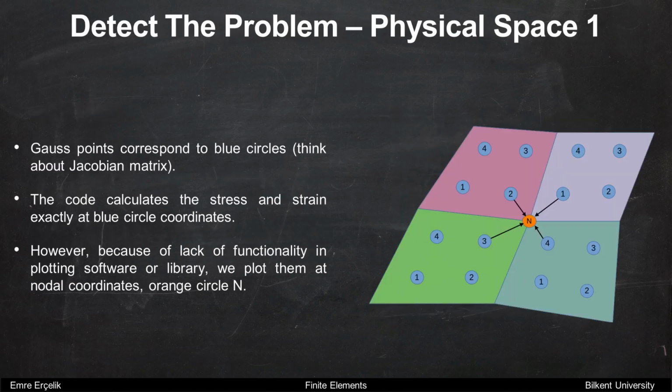Now we will take a look at the problem in physical space. Gauss points correspond to blue circles, and the code calculates the stress and strain exactly at blue circle coordinates. However, because of the lack of functionality in plotting software or libraries, we plot them at nodal coordinates, in the orange circle n.